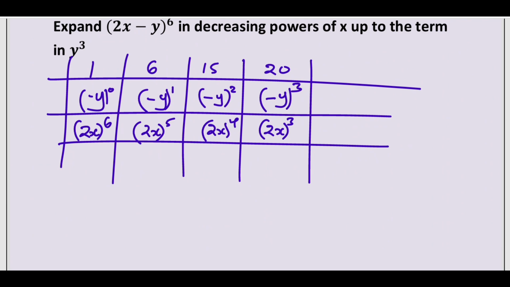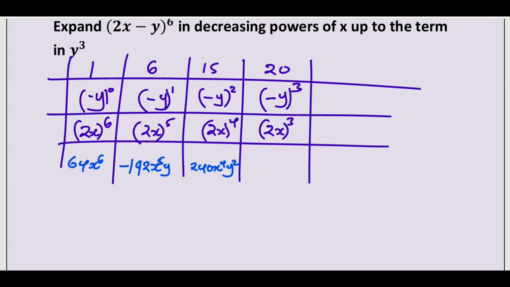Then we multiply: 64 x power 6. The next, 32 times 6 gives us 192, so negative 192 x power 5 y. And then 16 times 15 is positive 240 x power 4 y squared.